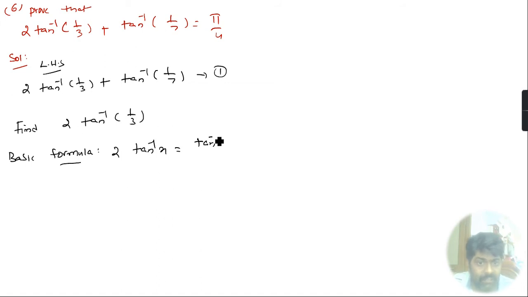tan inverse of 2x by 1 minus x square. So here that x equal to 1 by 3.